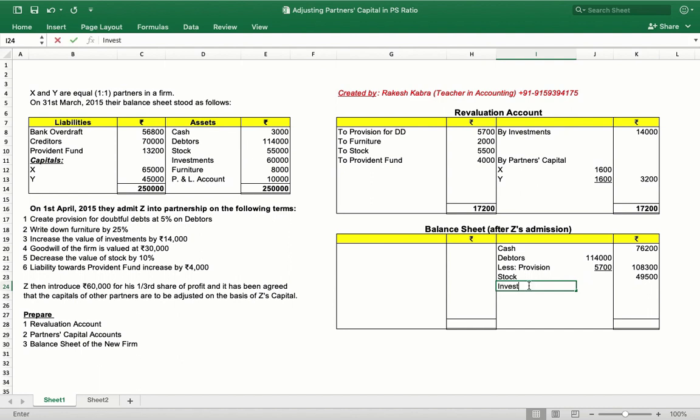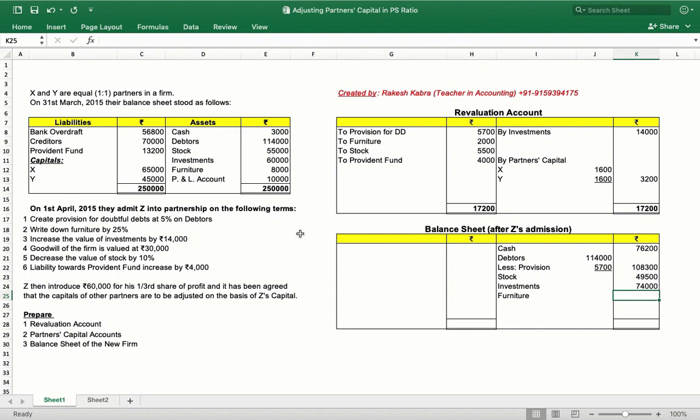Next is investments. The investments value we need to increase by 14,000. The old value was 60,000, plus 14,000 we will add. So the new value of investments will be 74,000. Next item is furniture, and the furniture value we need to reduce by 25%.